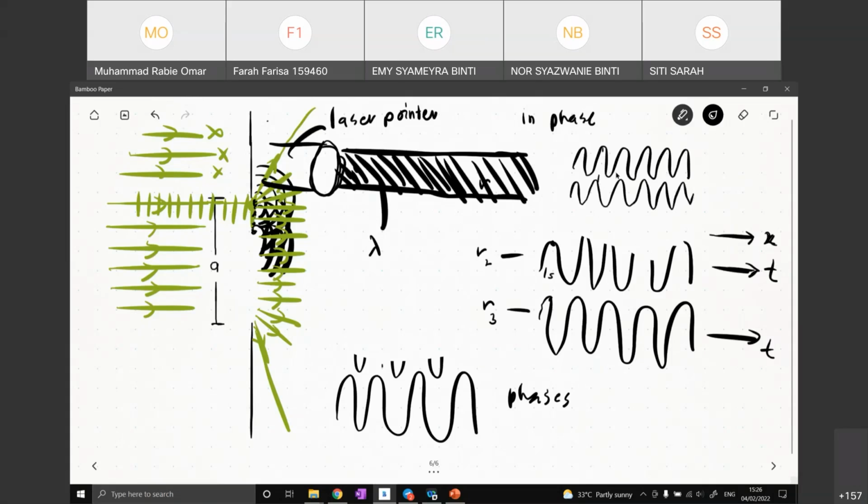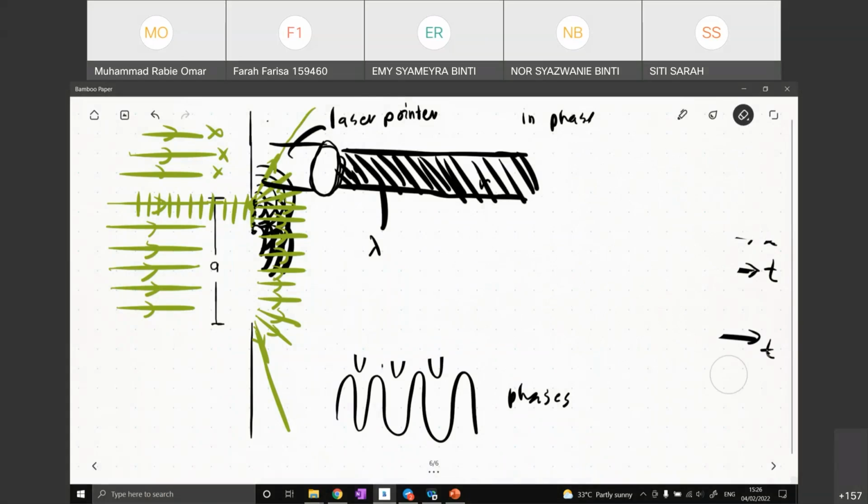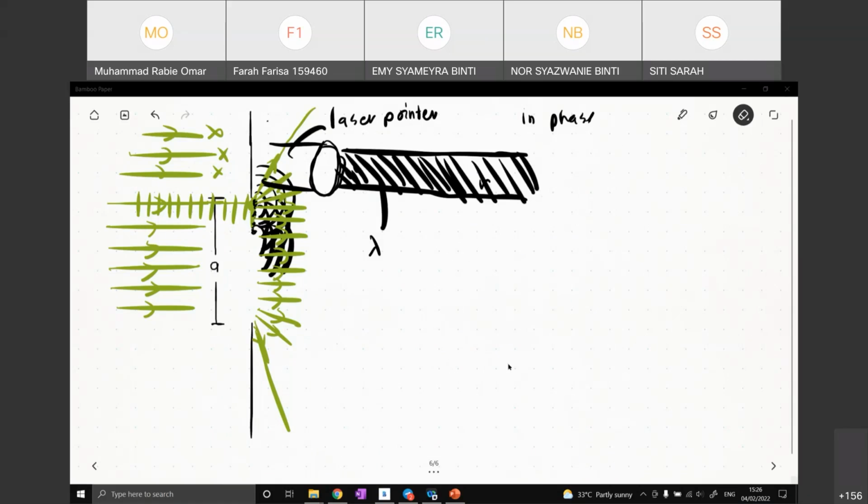Maximum is in the same timing with the maximum. Maximum meets with the maximum. Okay. So that's it. Any questions so far? So that's the meaning of coherent light source. Yeah, that's the requirement for you to see light diffraction.